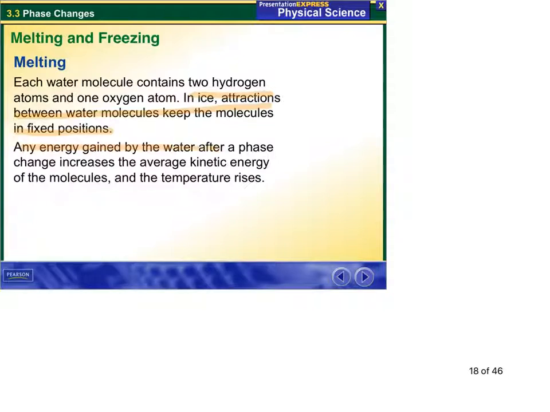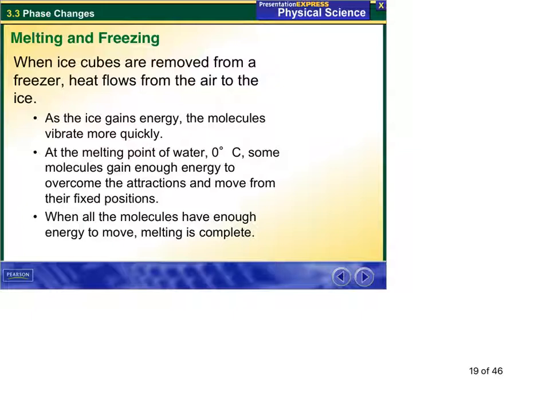And any energy gained increases the average kinetic energy, and the temperature can go up. And as temperature goes up, the molecules can start moving around more. They vibrate more quickly. At 0, some of the molecules gain enough energy to overcome the attractions and move from their fixed positions. When all the molecules have enough energy to move, melting is complete, and we are at the liquid phase.